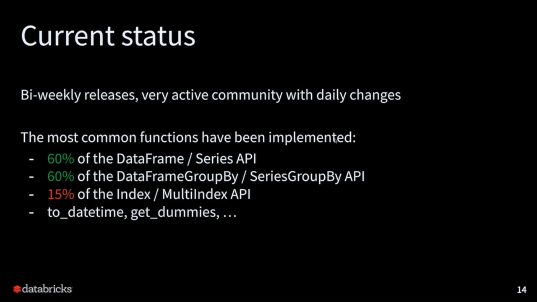Here there are some of the basic pieces, and the multi-indexing needs more work, and also all the work around time series. So if you're not sure about one specific function or some option on a function, we have open tickets for every single option that is missing. And also, if you're trying to take some code from Pandas and you want to use it in Koalas, for every Pandas function in the main classes, such as DataFrame, index, and so on, it will throw an exception indicating precisely what option is supported if it is not supported.